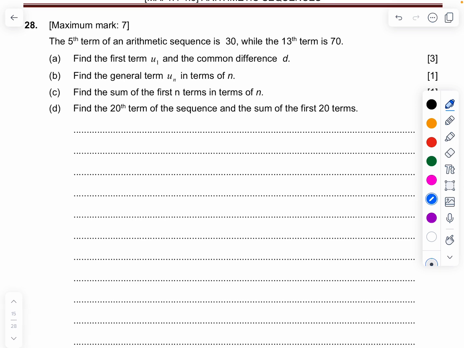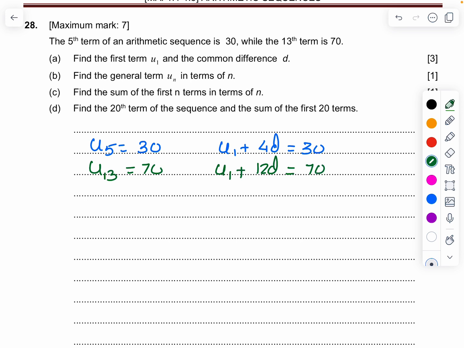Question number 28. The fifth term of a sequence is 30 and the 13th term is 70. Fifth term means u1 plus 4d equals 30. 13th term is 70, so u1 plus 12d equals 70.